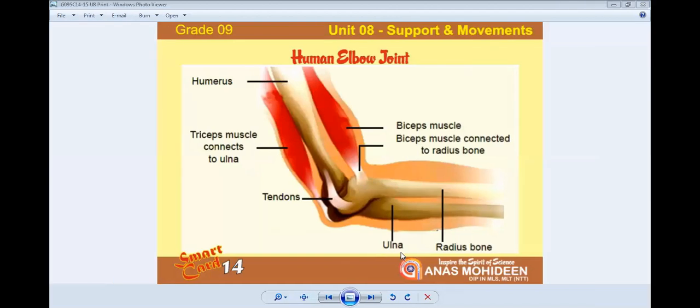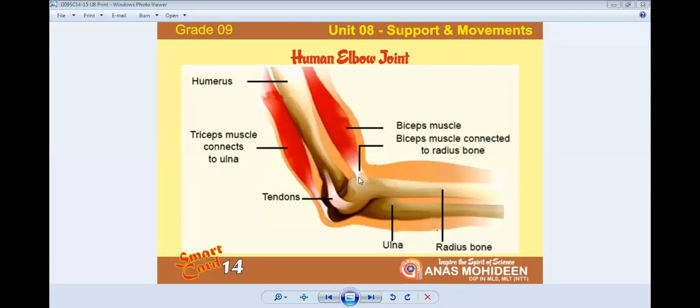Up and down of this humerus, there are two types of muscles. The upper part we name as the bicep muscles, and the lower part we name as the tricep muscles. You see there, bicep muscles are connected down to the radius bone. Is it clear?